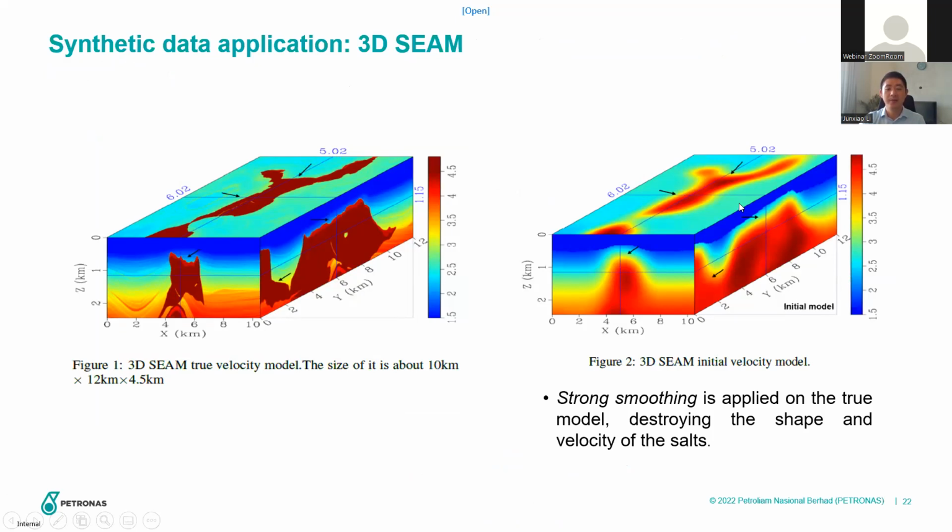Before we proceed with the anisotropic FWI, we have done a round of smoothing to destroy part of the salt body, in order to avoid falling into local minima when we do the FWI.